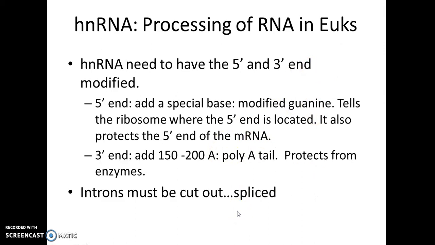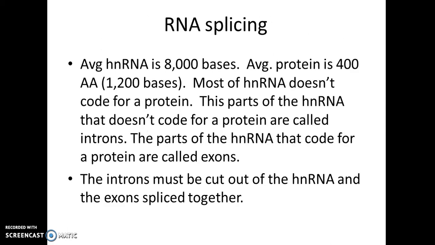The next thing that has to happen is that introns must be spliced or cut out. And you're thinking, what the heck is an intron? Well, let me tell you. The average hnRNA molecule is about 8,000 bases. The average protein is about 400 amino acids. There are 3 bases per amino acid. So the average protein is about 1,200 bases long. So most of the hnRNA doesn't even code for a protein.